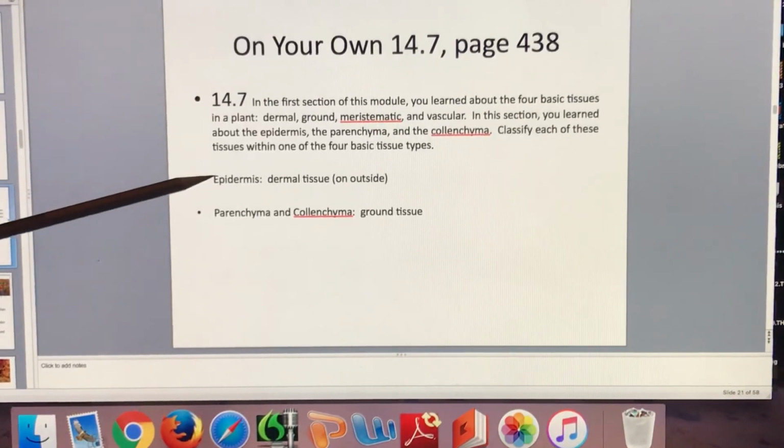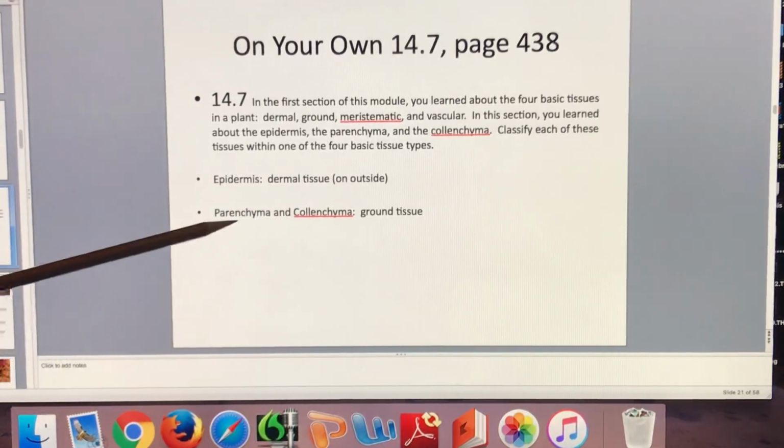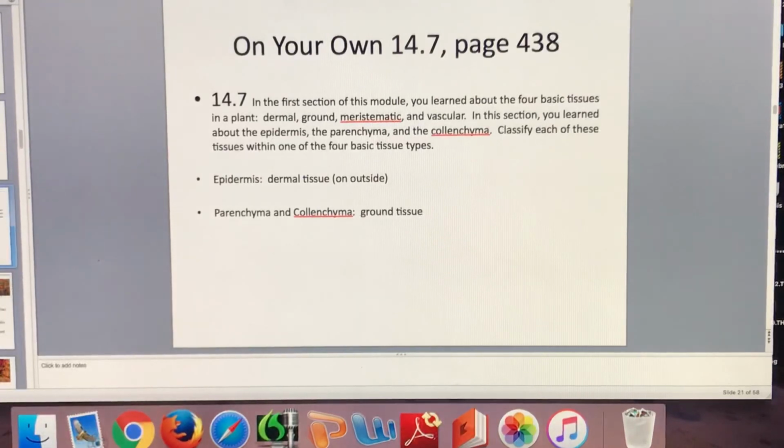So we know epidermis is dermal tissue. It's on the outside. The parenchyma and the parenchyma are both considered ground tissue. And they all have an important and distinct function in the plants.